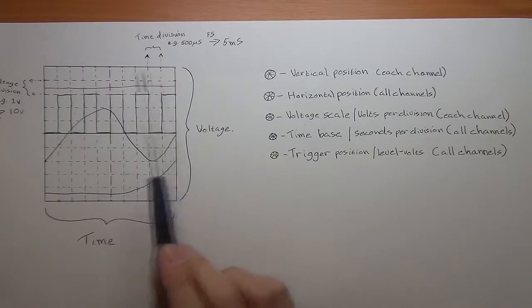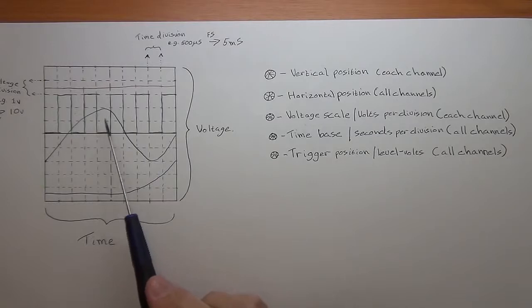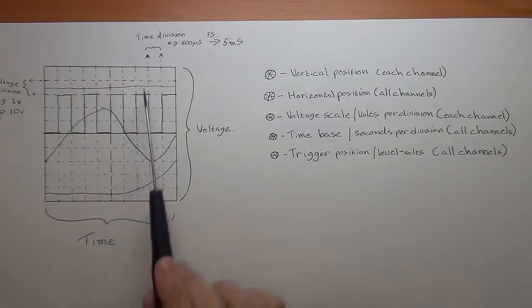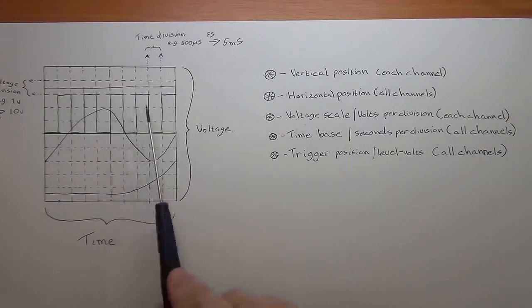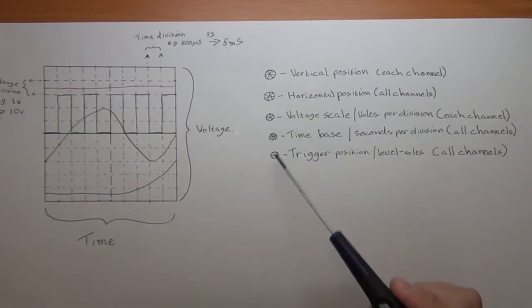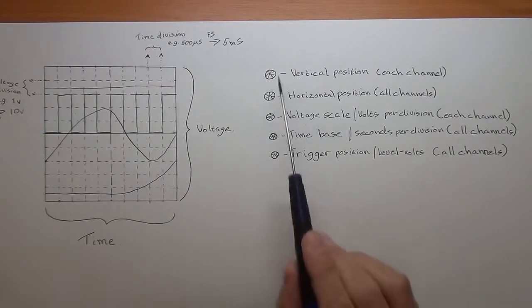To do that, we have certain knobs where we can adjust the parameters of what we're seeing on the screen to make it easier to analyze. So I'll go through the basic adjustments that we have on an oscilloscope.